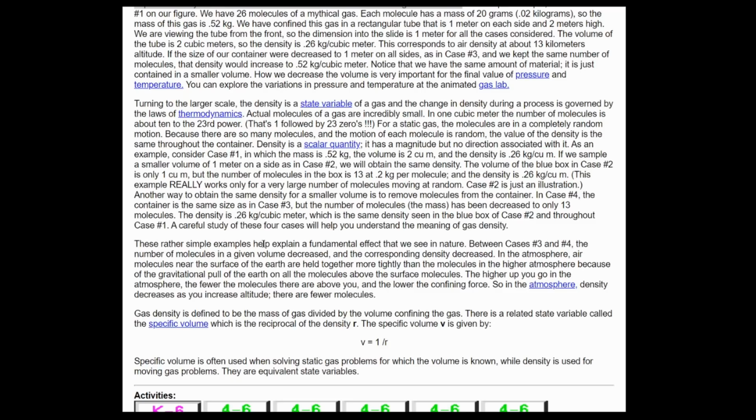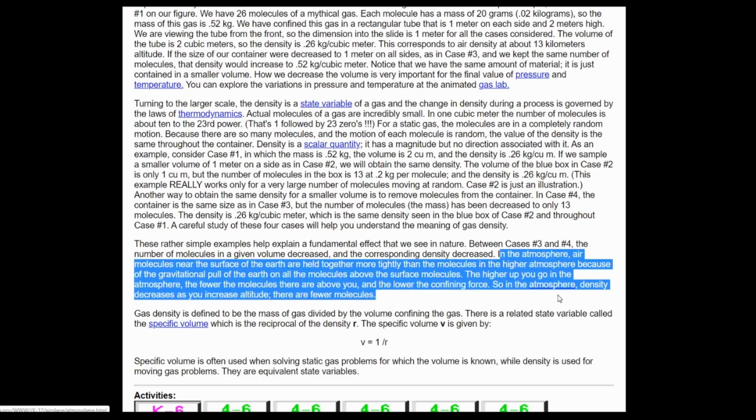These rather simple examples help explain a fundamental effect that we see in nature between cases 3 and 4. The number of molecules in a given volume decreased and the corresponding density decreased. In the atmosphere, air molecules near the surface of the Earth are held together more tightly than the molecules in the higher atmosphere because of the gravitational pull of the Earth on all the molecules above the surface molecules.